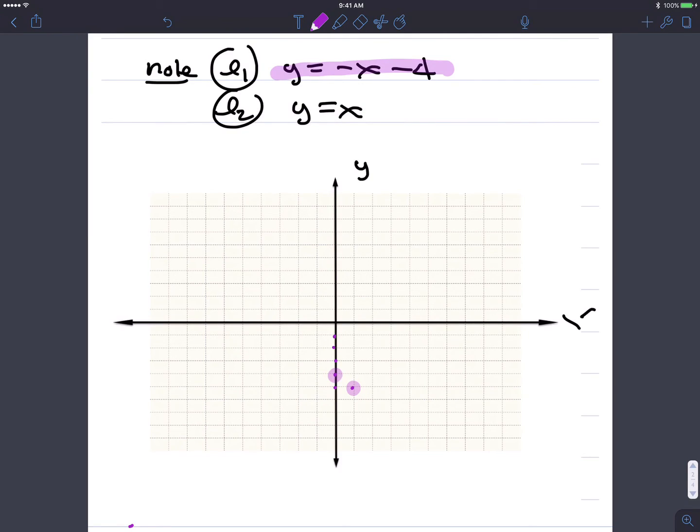Let's hope we can get the iPad to cooperate. Cooperate, iPad. Hope this is good enough. Okay. This here is my first line.